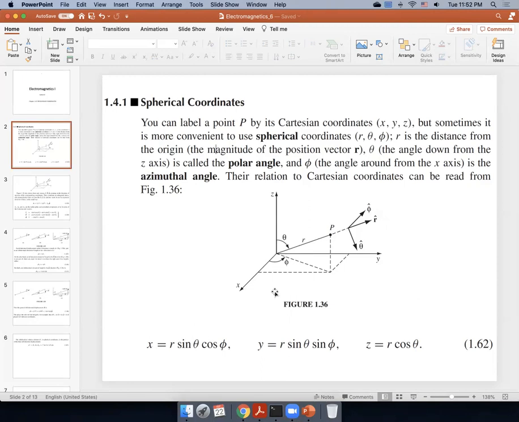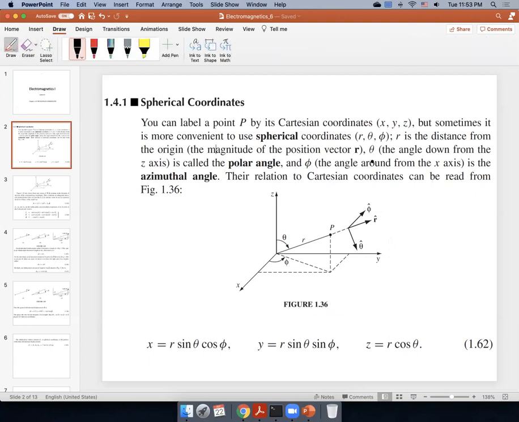Otherwise, it's some other direction in the xy plane. This angle phi is called the azimuthal angle. The relation to Cartesian coordinates can be read from this figure. Now let's see how to derive the relation between xyz and r theta phi.